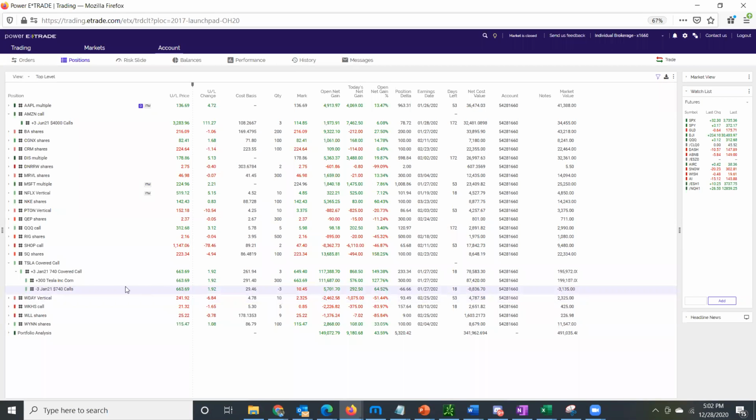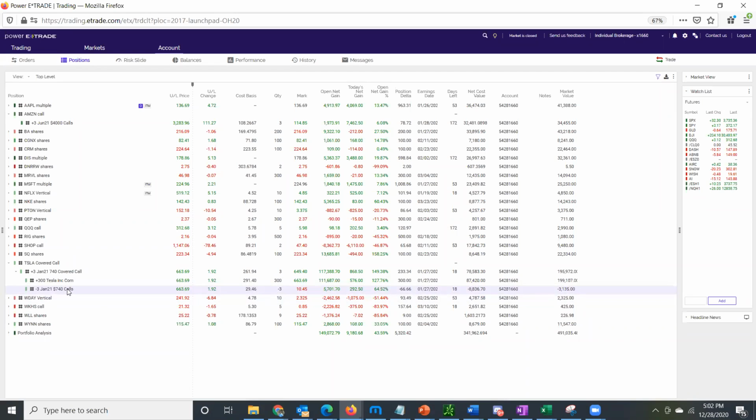If Tesla doesn't reach 740 by January 21, then he's going to keep all this, $9,000, in his pocket. It is right now a 64% profit, so if he decides to close it tomorrow, he can also close it and keep this.